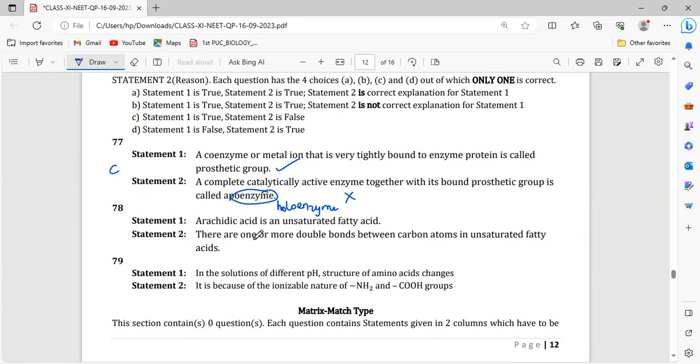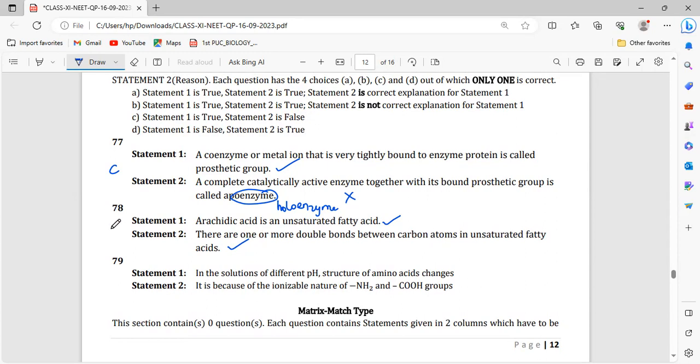78. Arachidonic acid is an unsaturated fatty acid, which is correct. There are one or more double bonds between carbon atoms in unsaturated fatty acids. Yes, so this is also correct. So again, why do we call it unsaturated fatty acid? Because they have one or more double bonds.